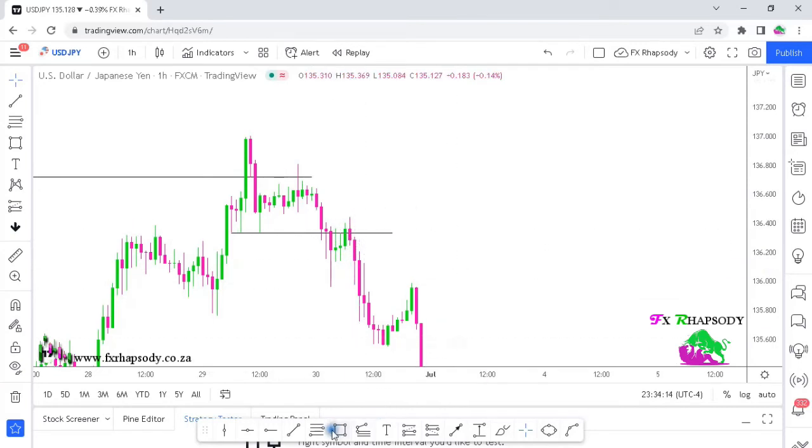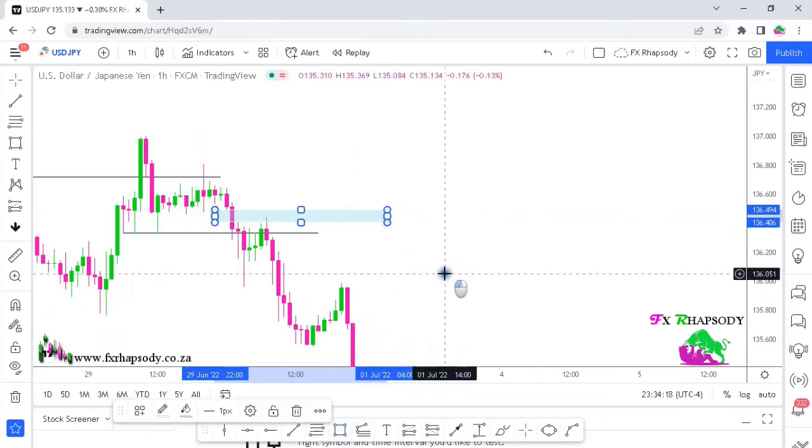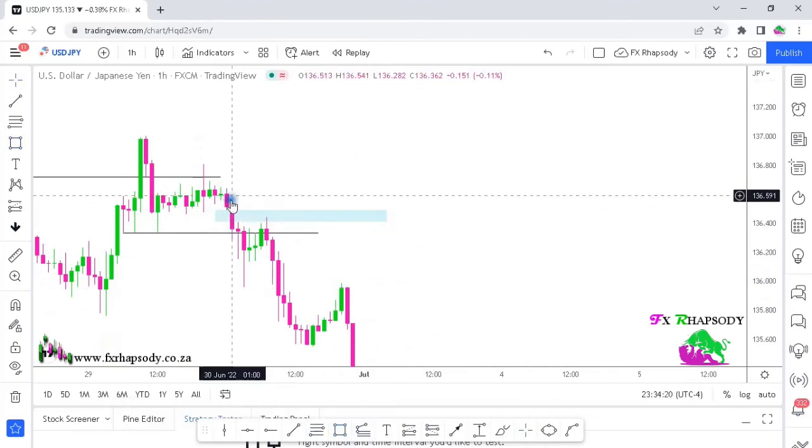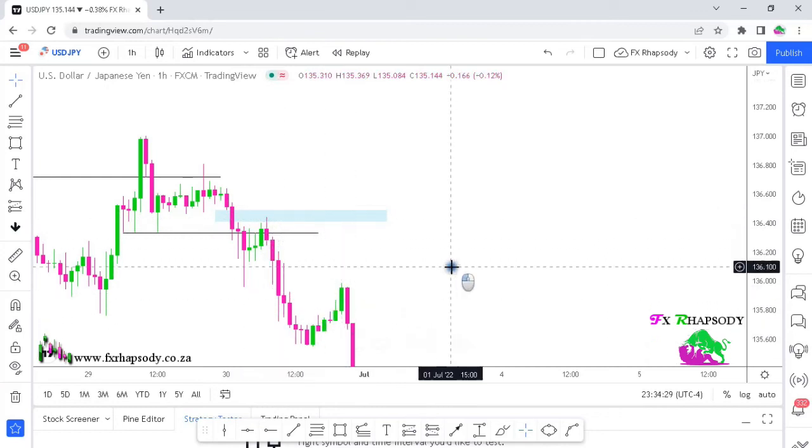Where does it retrace back to? The little imbalance in the market that was created, that push over here, the candles, the fair value gap. Price retraces back to that, and now it's making its move to the downside.